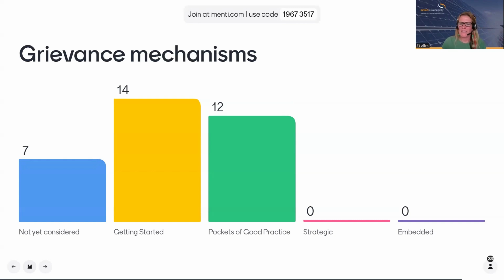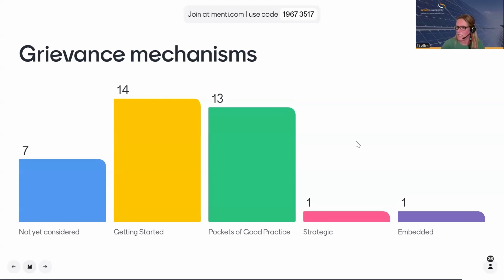Very often I hear businesses say, well, I don't know what happens if I do raise a concern, and that can put them off as well. So people know what happens, and investigations are done in a timely and transparent way. And you prioritize the health and safety of affected workers and other potential victims. So I would say that's embedded. So that's interesting. One of you has got that at the embedded stage, one at strategic, quite a few of you not yet considered.